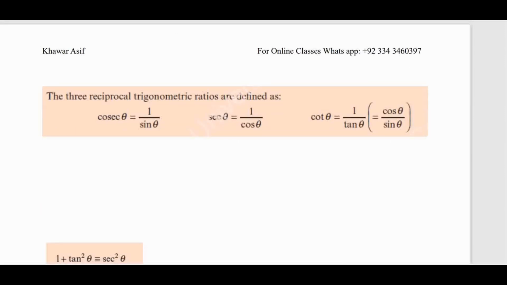Now this is the first thing. You need to know that we have three reciprocal trigonometric functions defined as: cosecant is the reciprocal of sine, secant is the reciprocal of cos, cot is the reciprocal of tan. And another identity we have already discussed in paper 1, that is tan theta is equal to sine theta divided by cos theta.